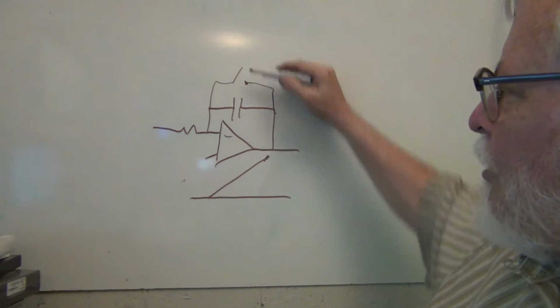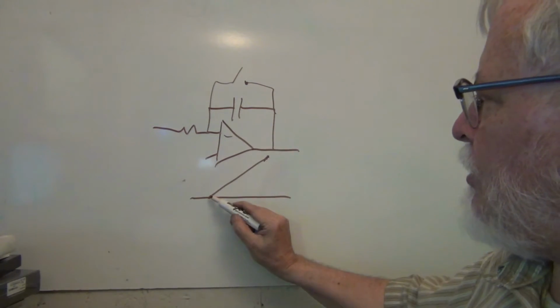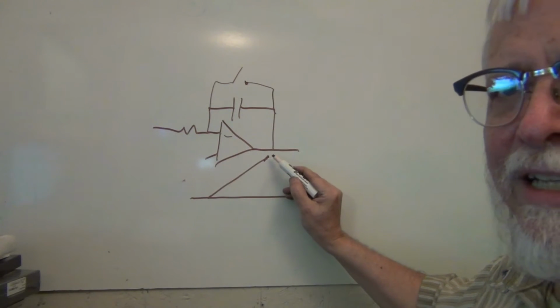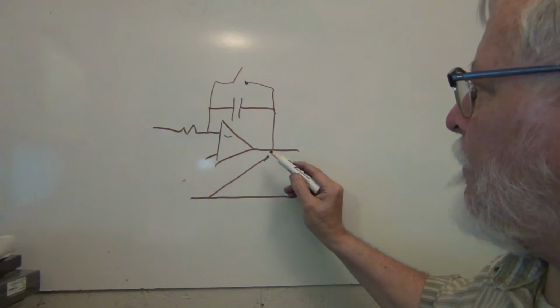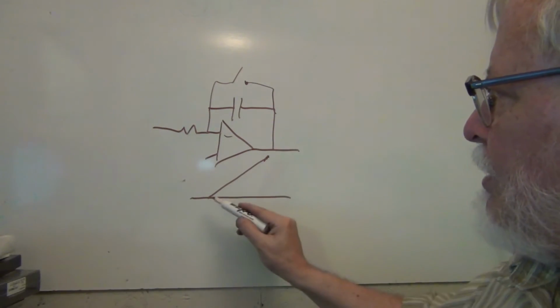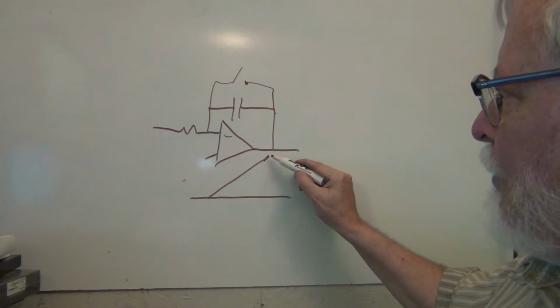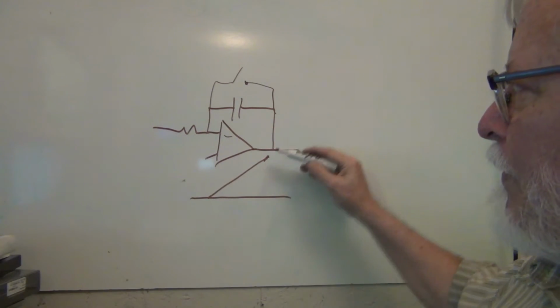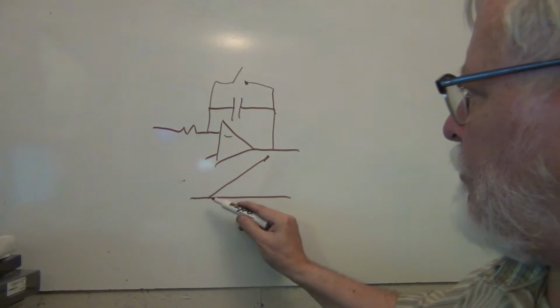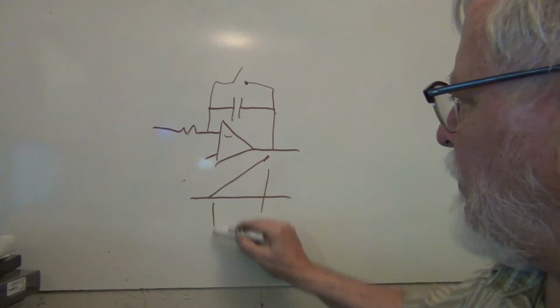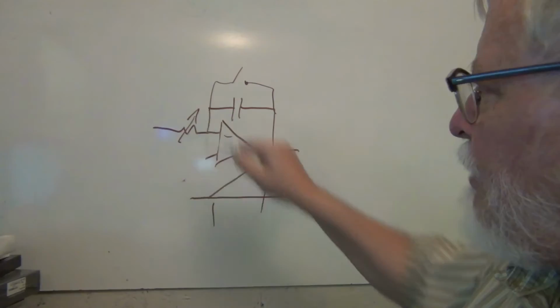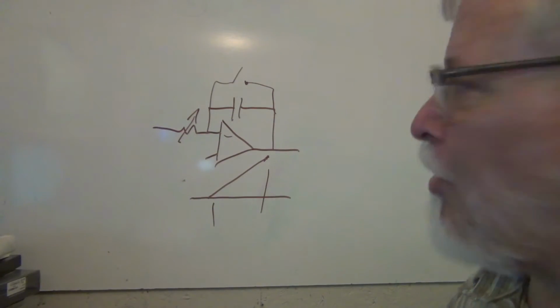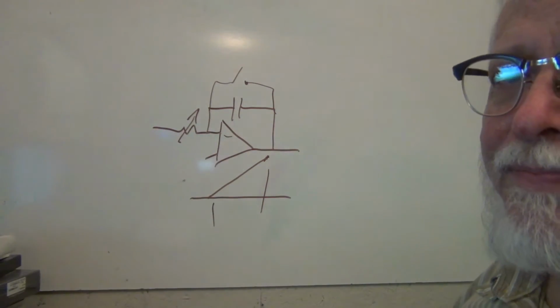As soon as the switch opens, the capacitor starts to charge and the ramp takes off in a linear fashion, and as a result, you get a voltage waveform output that will move at a certain speed. And so then you can change that speed by changing that resistor or by changing the voltage here.